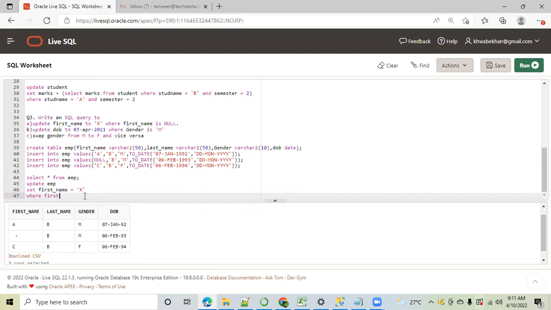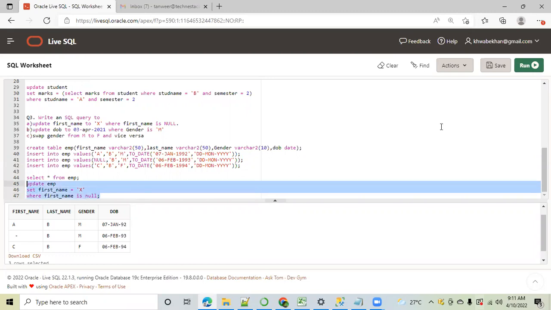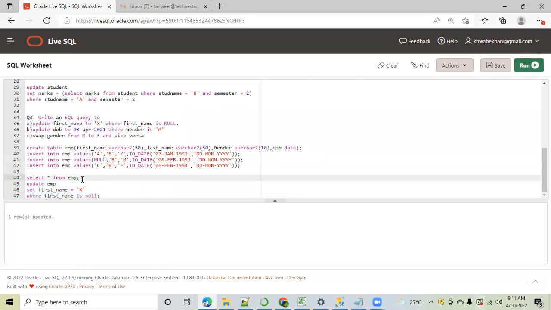Where first name is null. Simple. So one row is updated. Now if you want to verify this, try to run this. Okay, so you can see the first name has been updated to X.